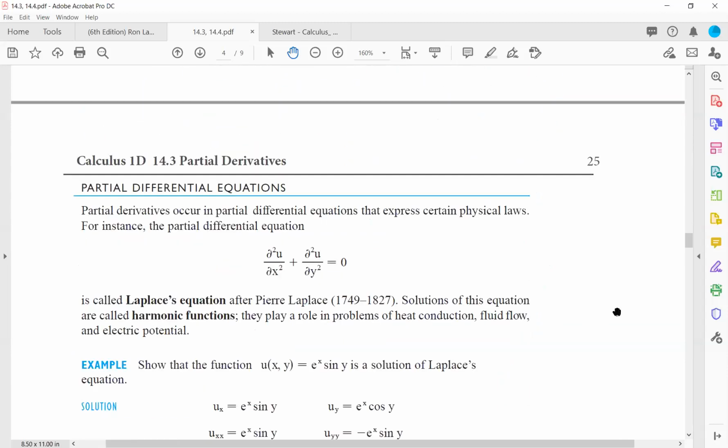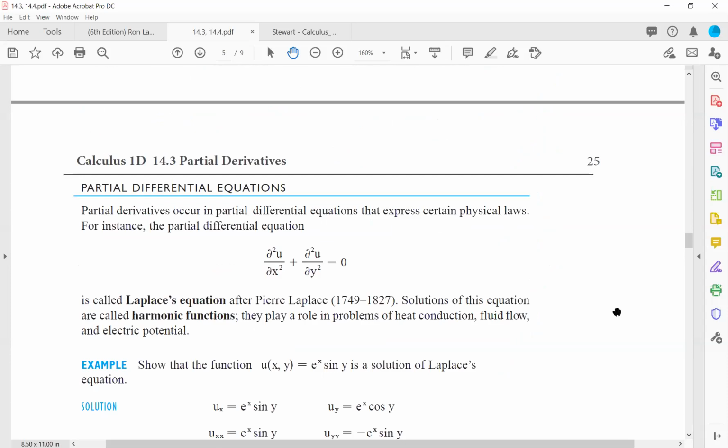Next, partial differential equations. You might have seen them before, or you might not have taken partial differential equations before.